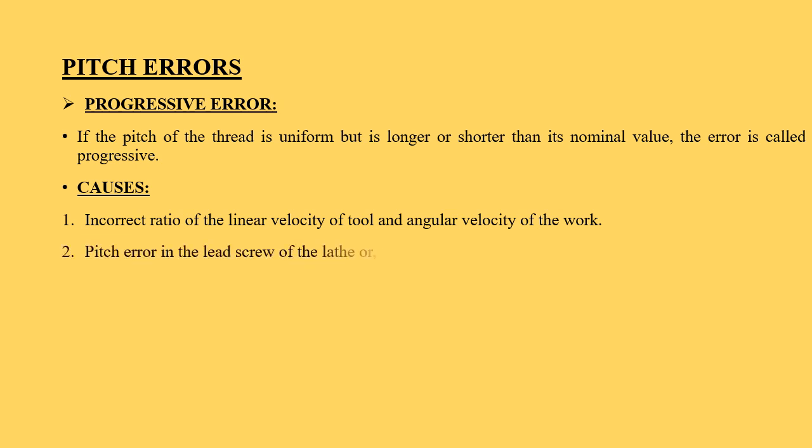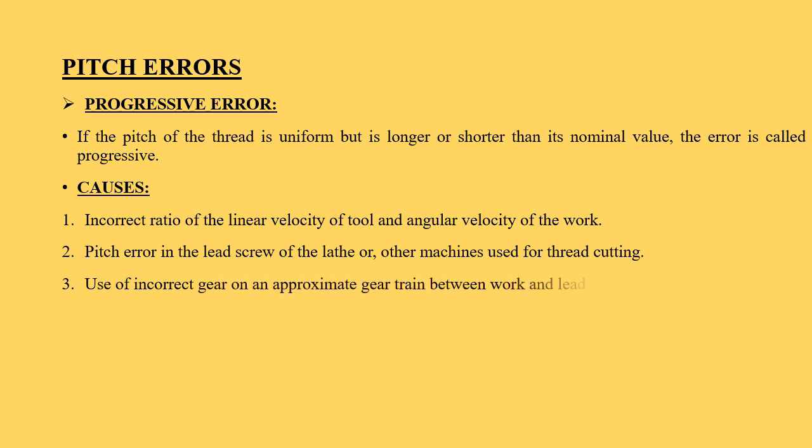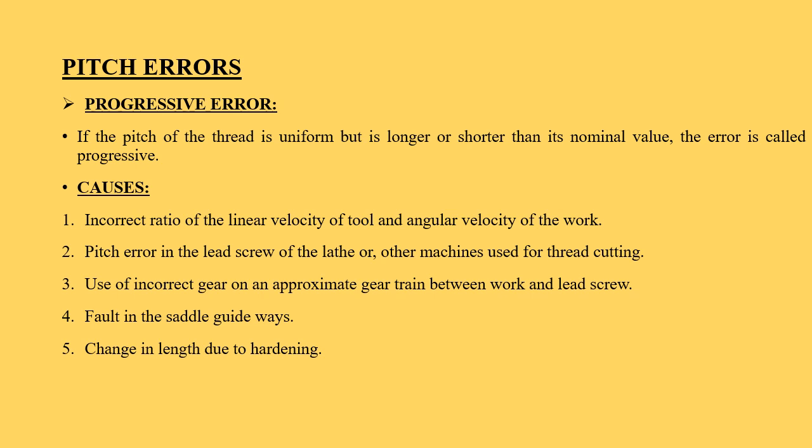This may also be caused by a pitch error in the lead screw of the lathe or other machines used for thread cutting. Use of an incorrect gear or an approximate gear train between the work and the lead screw also causes progressive error. Faults in the saddle guideways and change in length due to hardening operations are also causes of progressive error.